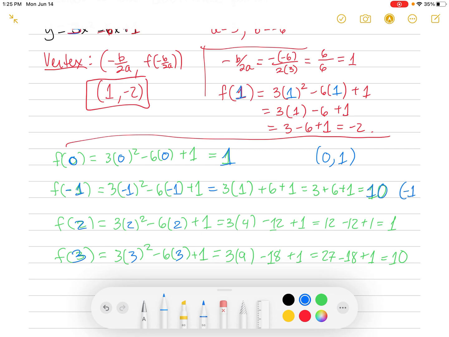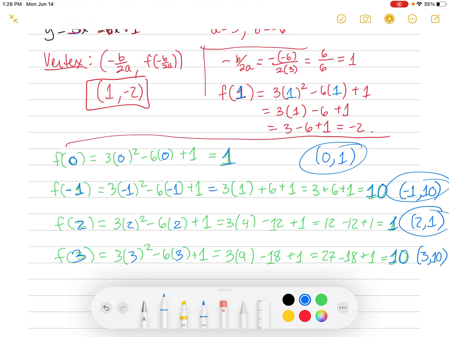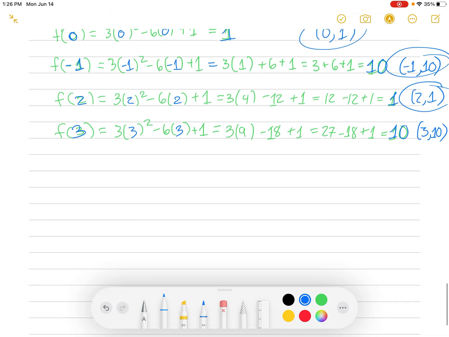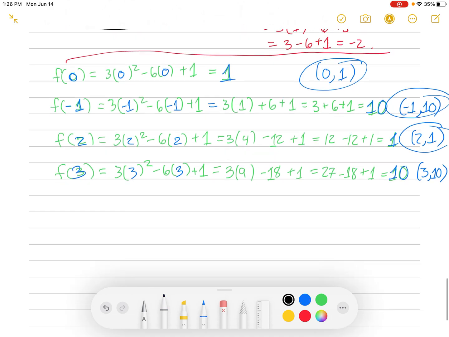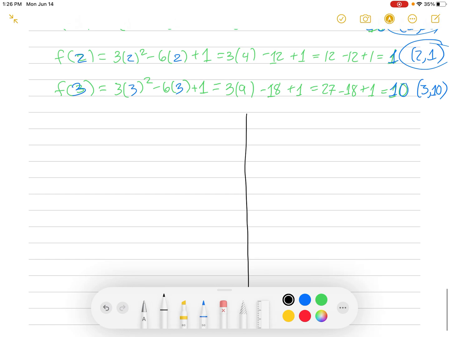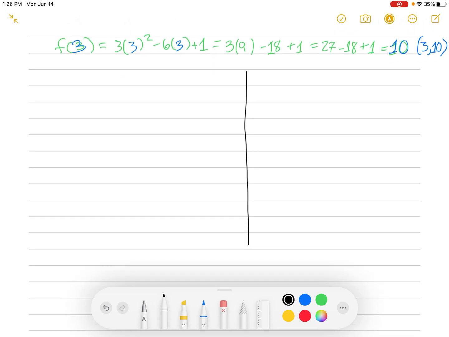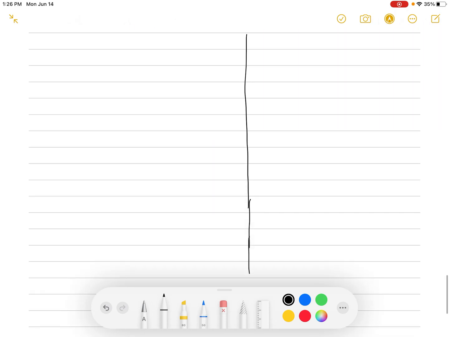And basically, I have these points: (0, 1), (negative 1, 10), from the x and y values, (2, 1), and finally (3, 10). So I'm going to plot those 4 points in addition to the vertex. Let's start off with the vertex. The vertex was what? (1, negative 2).